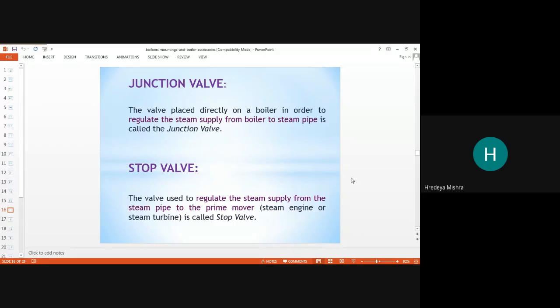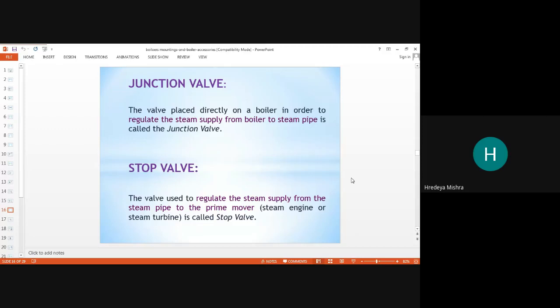It checks the pressure of the steam, and if the pressure is not sufficient to move the prime mover, then it stops the steam supply, and when sufficient pressure is generated, then it continues the steam supply to the turbine.